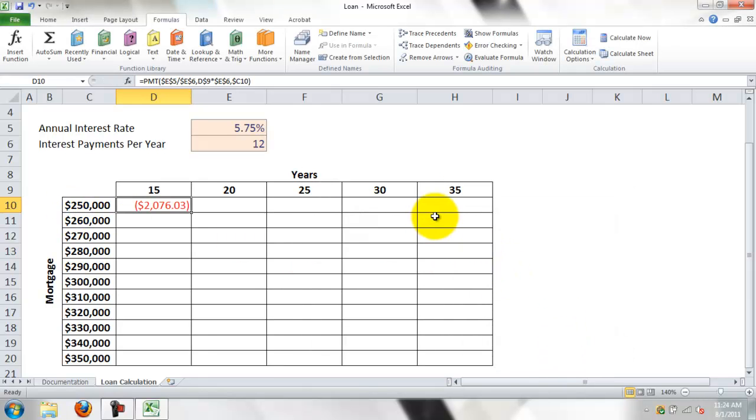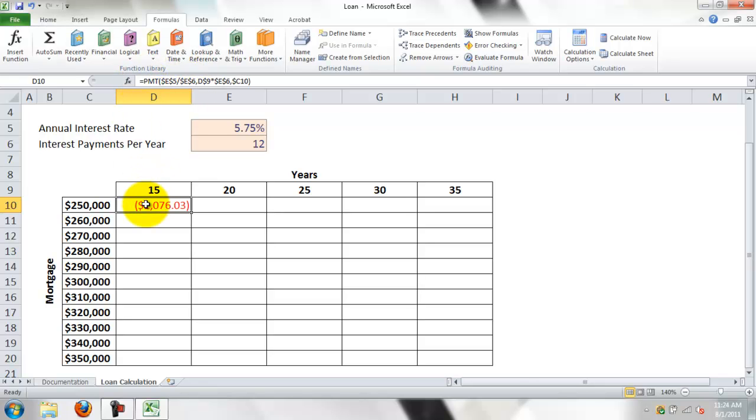So one thing to remember is that when I'm working in Excel with this payment function, it displays as a negative value. That's why it's in red in parentheses, because Excel thinks of payments as money going out. But for the way that our minds work, it's easier for us to see just the total amount, not in a negative way. So I'm going to go up to my formula bar.